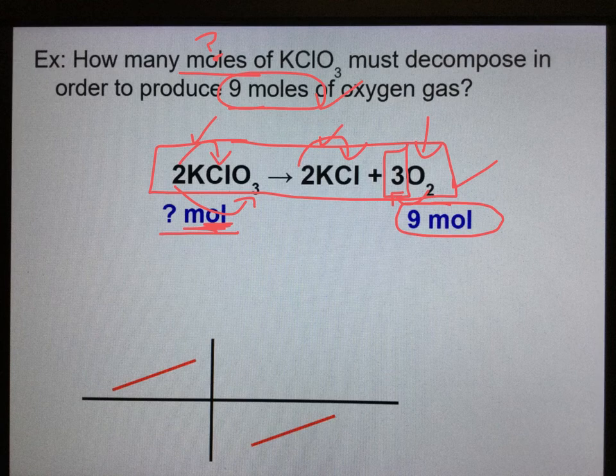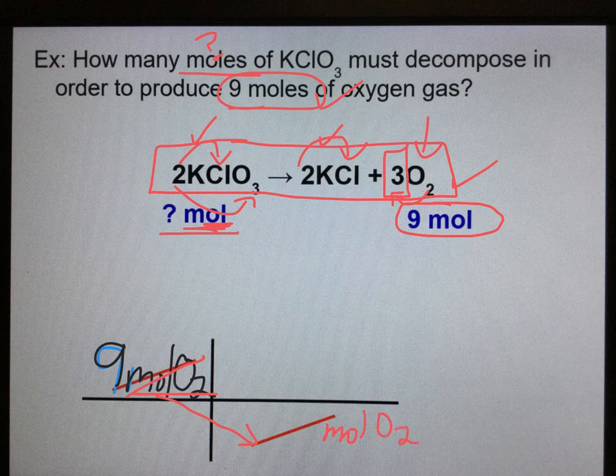Okay, so now let's start with what is given. My given is 9 moles. Is that kind of hard to see? Let's do 9 moles of O2. So now, in order to cancel this unit, this entire unit must go down here. So I must have mole of O2.